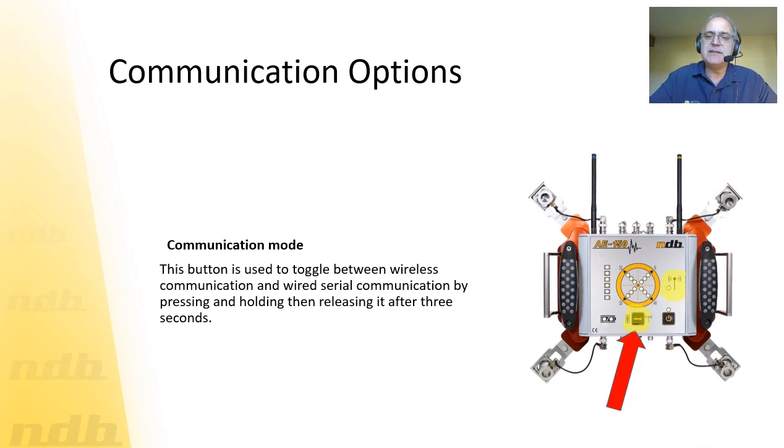So the LED beside the antenna will disappear, meaning that you're wired. And if the LED is lit, you're wireless. So it's kind of intuitive, but this is something that you should remember. So it's very easy. The unit only has an on-off button and a communication toggle mode. All the rest is controlled by the Miradar software.